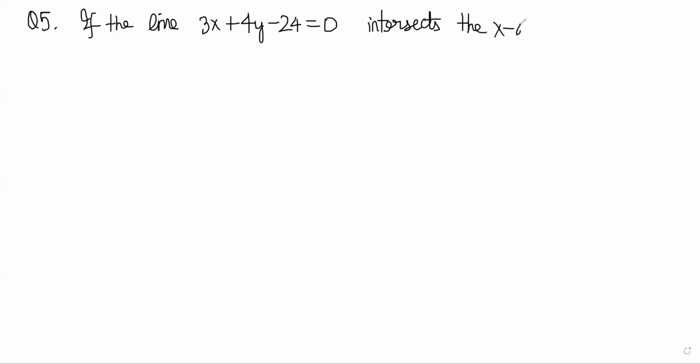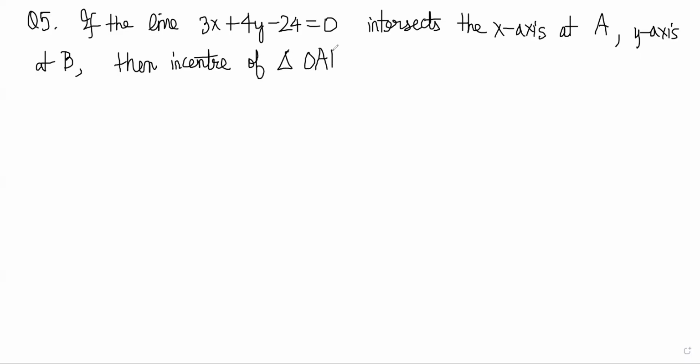If the line 3x plus 4y minus 24 is equal to 0 intersects the x-axis at A and the y-axis at B, then find the incenter of triangle OAB, where O is the origin.